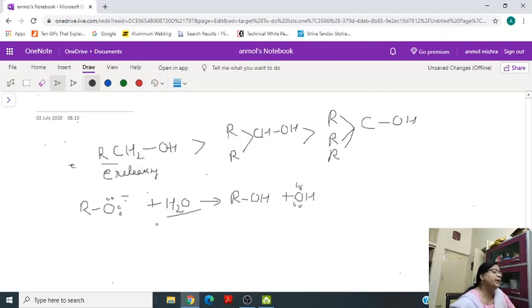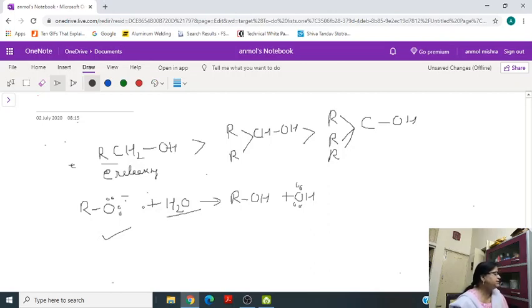It donates the proton to alcohol. Therefore, water is a better acid than alcohol. So here we can say that alcohol behaves both as proton donor as well as proton acceptor. In this reaction it is proton acceptor. Earlier when it reacts with sodium, it donates the proton, so proton donor. So it behaves both as acid as well as base, Bronsted acid as well as base.